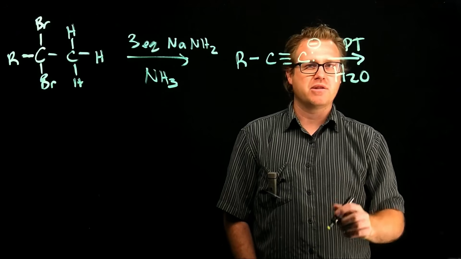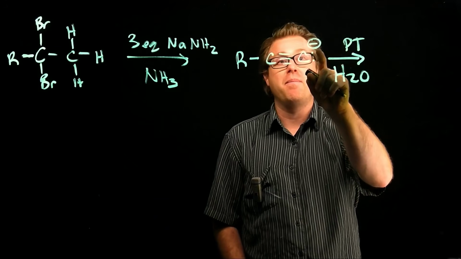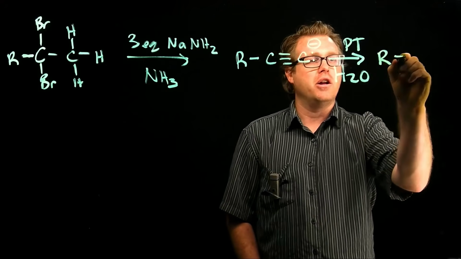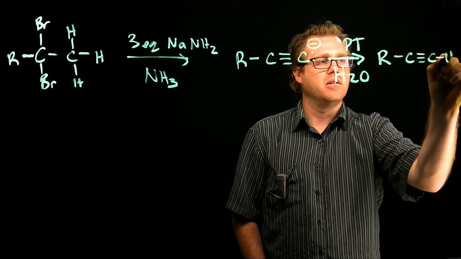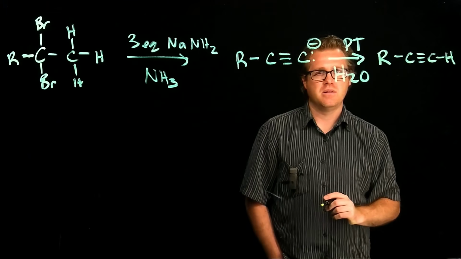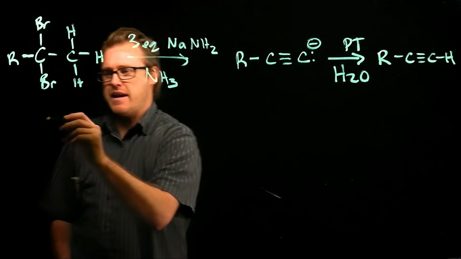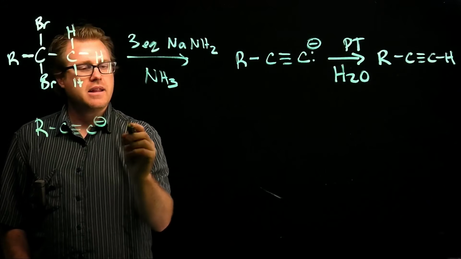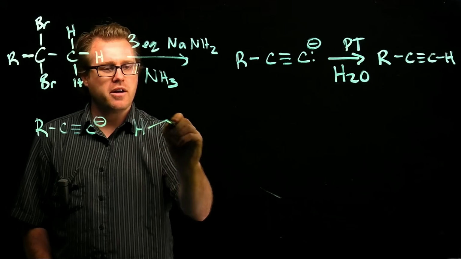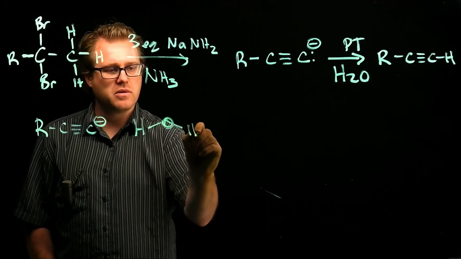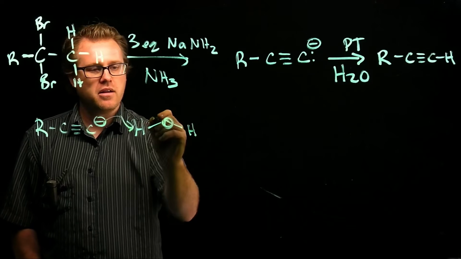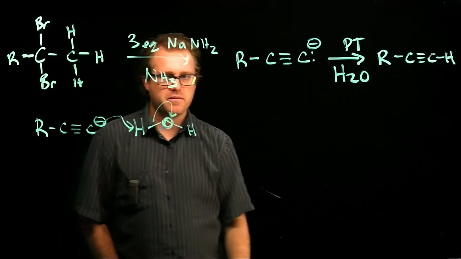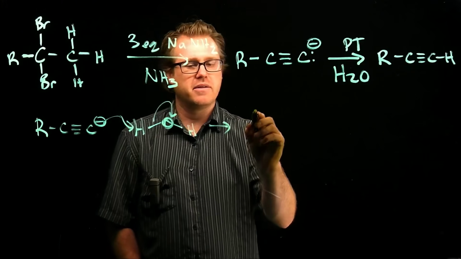And that proton transfer step is going to put the hydrogen back onto the alkyne. So that's a simple proton transfer, right? So that would just be that negative charge. We have some water, oxygen, and we could have a proton transfer. That would give us our product.